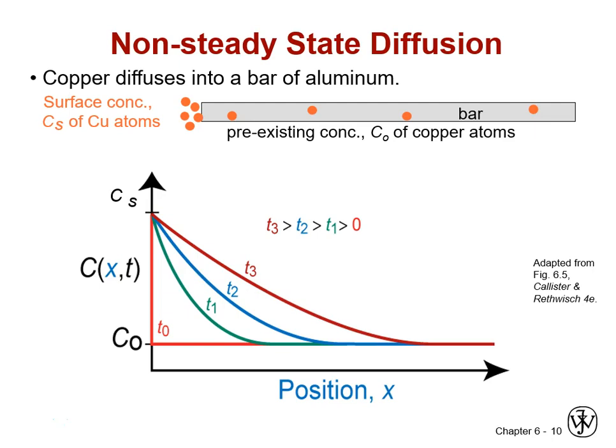Of course, the second order differential equation that represents Fick's second law has many different solutions. Each one will result in a different set of equations relating distance, time, and concentration with diffusion coefficient, and it all depends on your initial conditions and your boundary conditions.